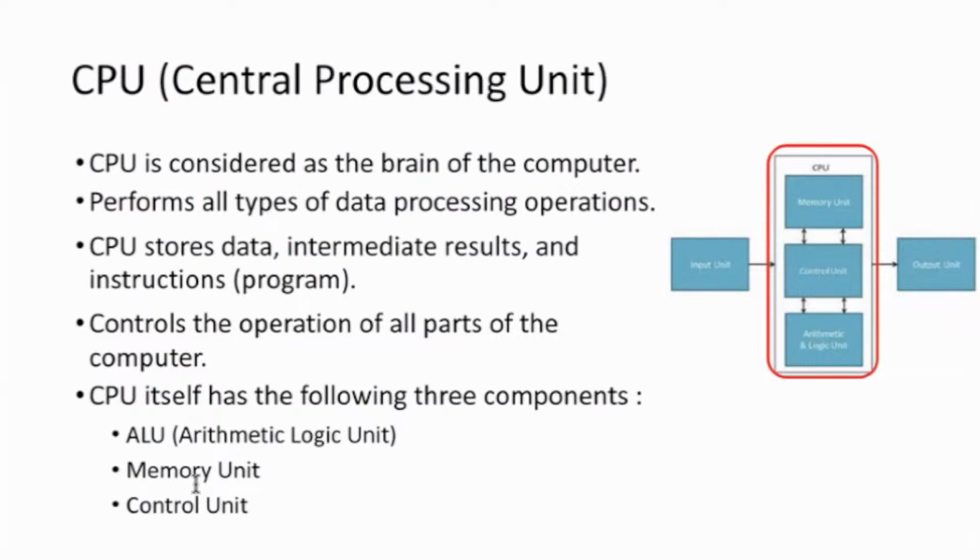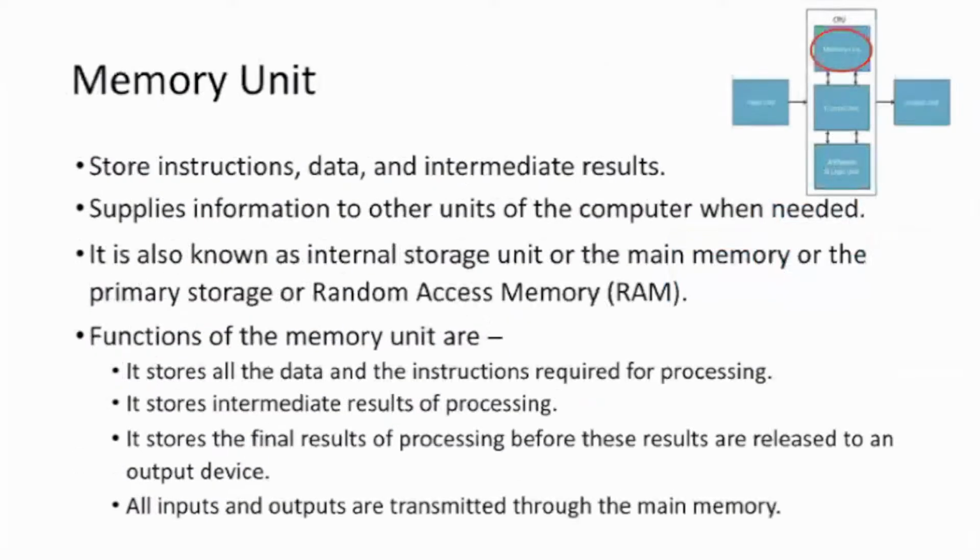Okay, so let's move on to these three one by one. Okay, first thing is the memory unit. What is the memory unit? Memory unit means we can store our data inside the memory unit of the computer. The main memory units are primary memory and secondary memory.